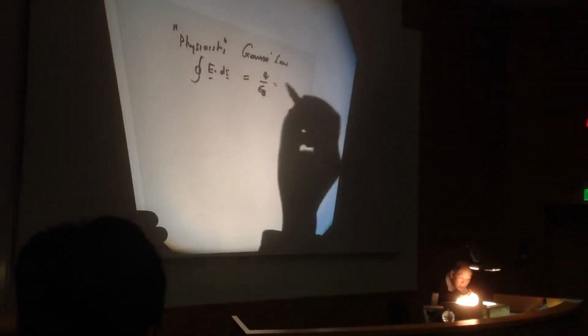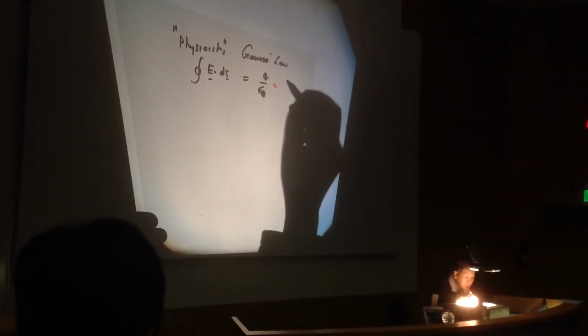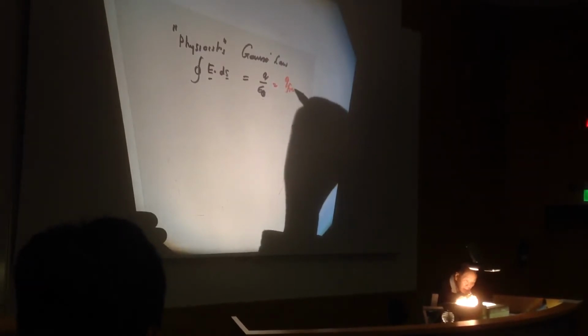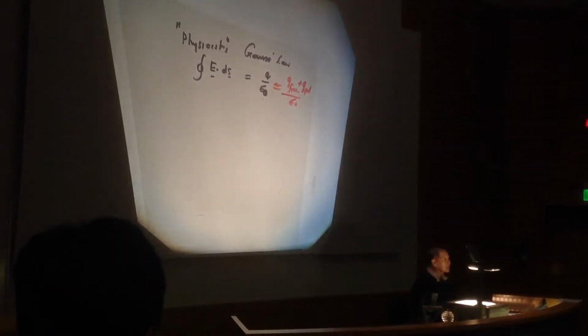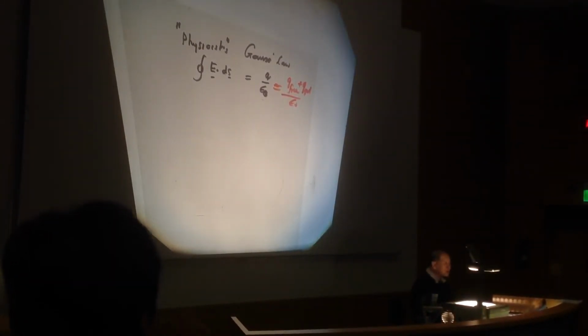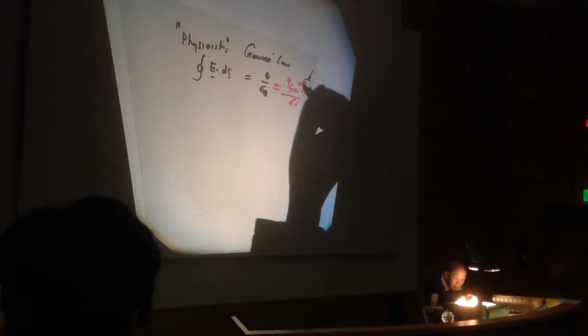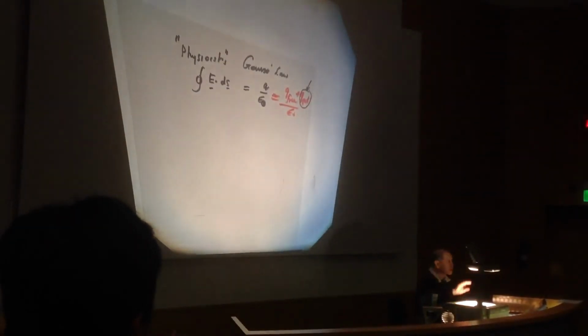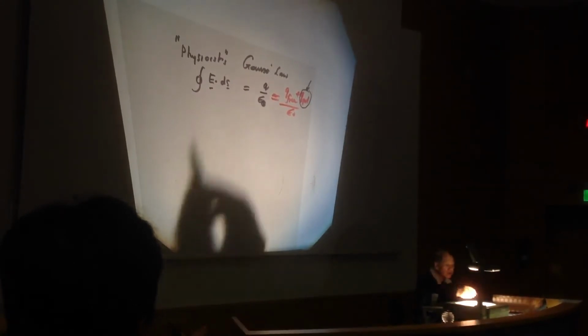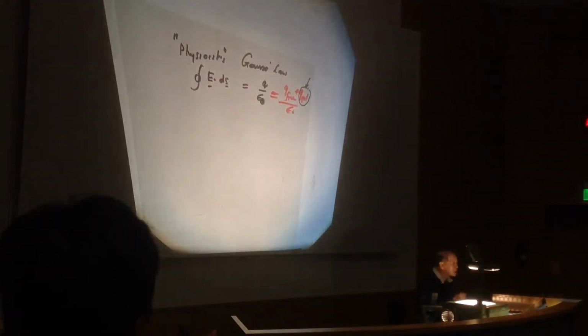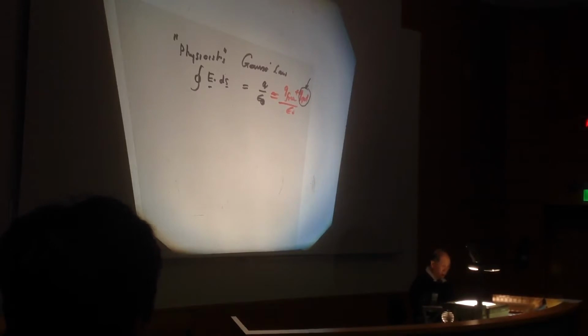Actually, this Q is the physicist's Q: Q free plus Q polarization. So this is the physicist's Gauss's law. He needs to find out information on the charge and the dielectric. Sometimes it is complicated, you cannot do it, because you're looking for E, how can you find two things? Very difficult, not so easy.